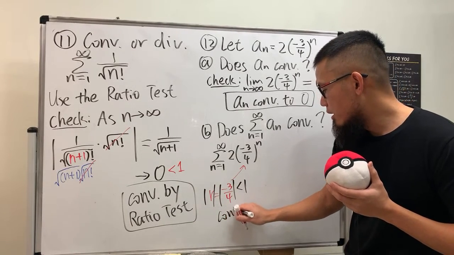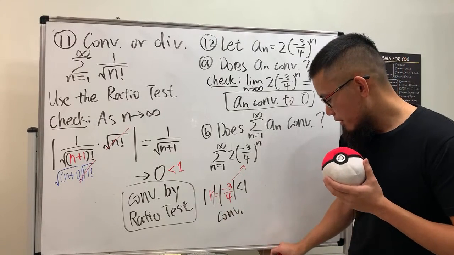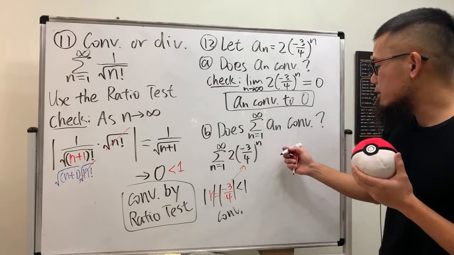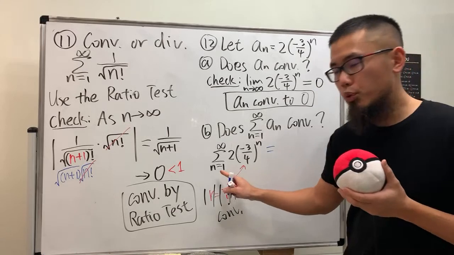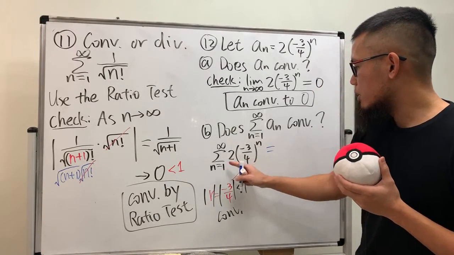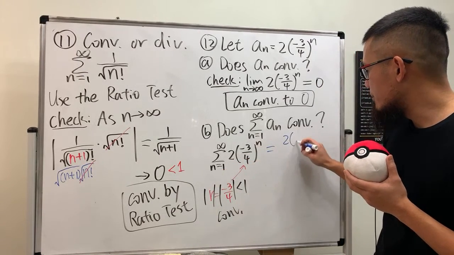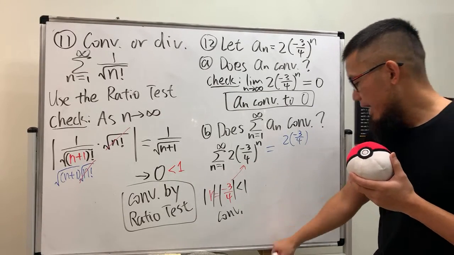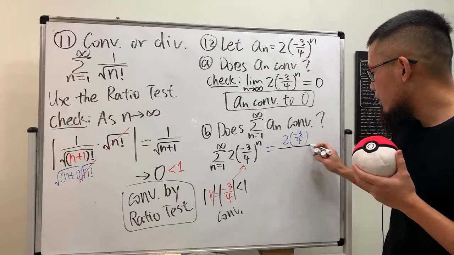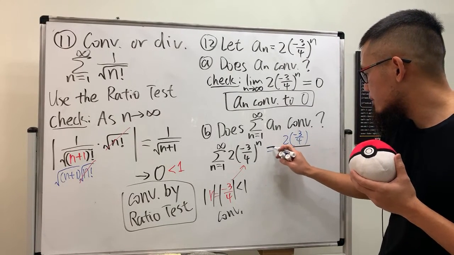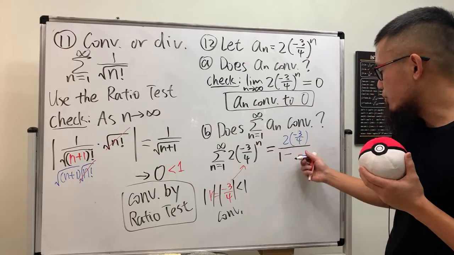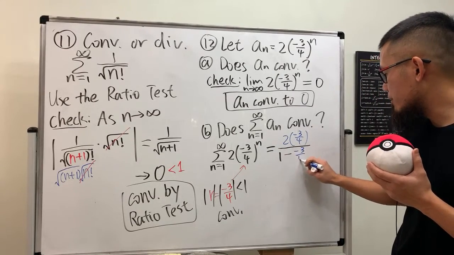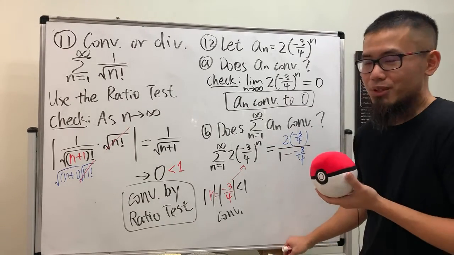So it does converge. And if you want to find out the value of this, all you have to do is put 1 in here. So the first term is 2 times negative 3 over 4. And then you are going to divide it by 1 minus the common ratio, which is negative 3 over 4. And then just go ahead and work that out.